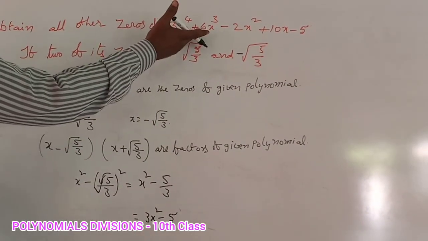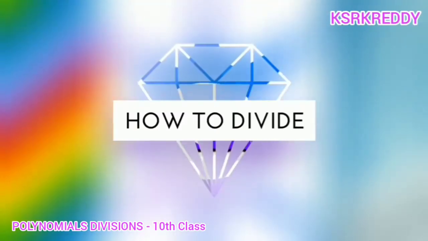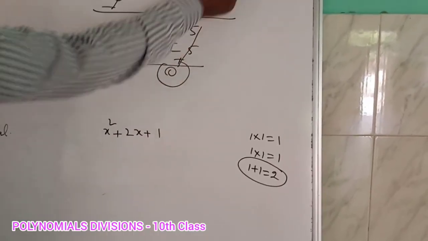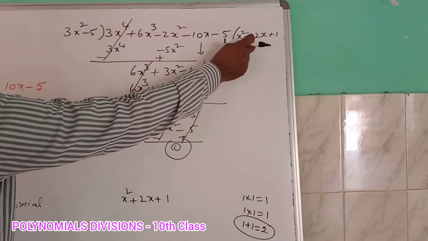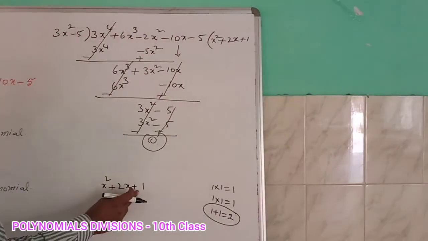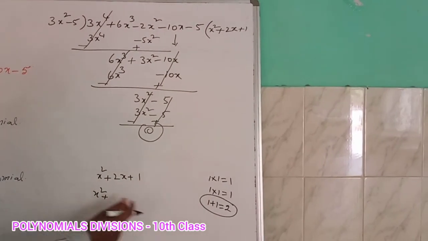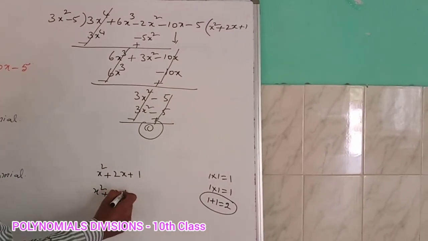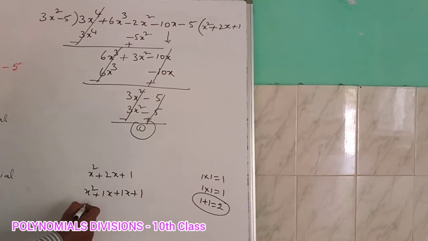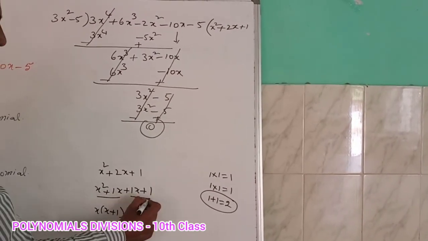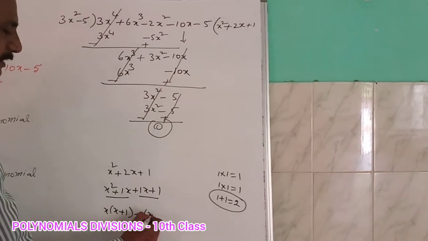The given polynomial is the dividend, so this is the quotient. Find out the factors of the quotient x square plus 2x plus 1. So x square, factors 1x plus 1x plus 1. Here in these two terms x is common, x plus 1. Here also plus 1 is common, x plus 1.